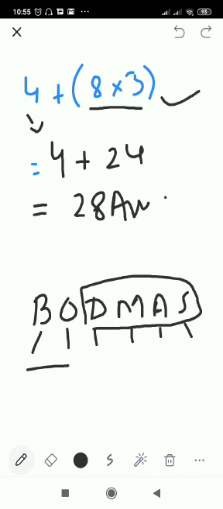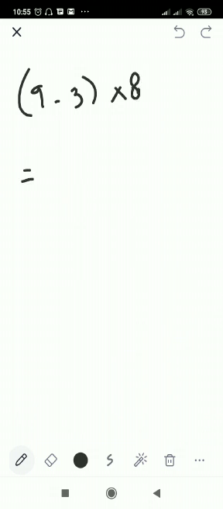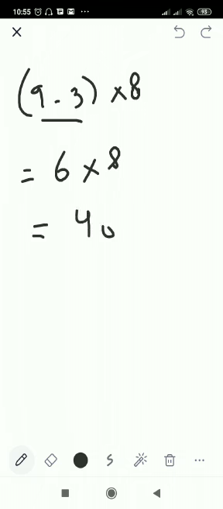We solve the bracket first, and then the rest of the question. Okay, see another example. It's 9 minus 3 multiplied by 8. We have to solve the bracket first. So what is 9 minus 3? It's 6, multiplied by 8, and 6 times 8 is 48, so 48 is the answer.